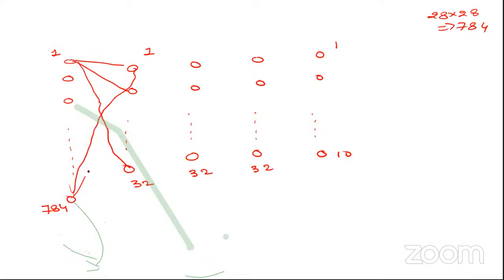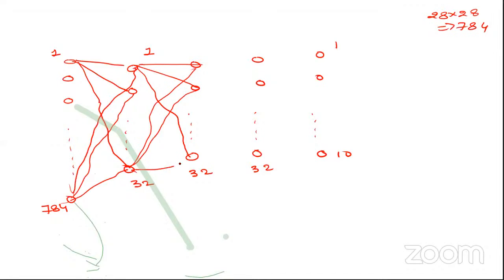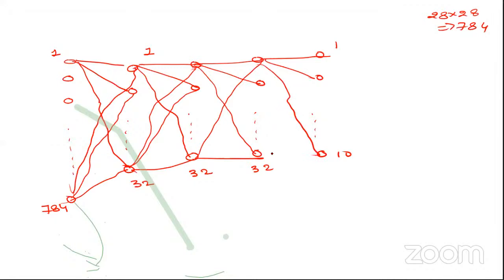All the nodes in the previous layer are connected with each and every node in the next layer. So now you can see this is a kind of network. Okay, so this is your network.